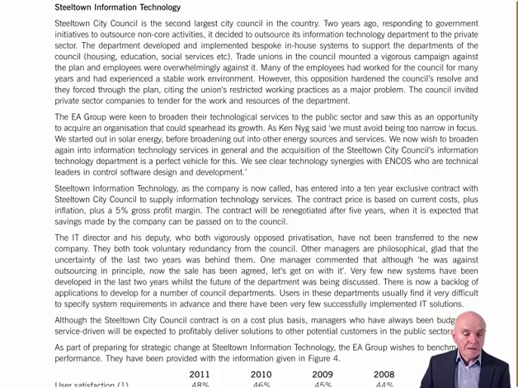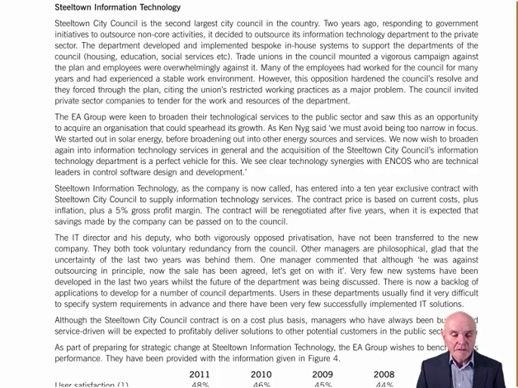Steeltown Information Technology. Steeltown City Council, second largest city council in the country. 2 years ago, responding to government initiatives to outsource non-core activities, it was decided to outsource the IT technology department to the private sector. The department developed and implemented bespoke in-house systems to support the departments of the council.